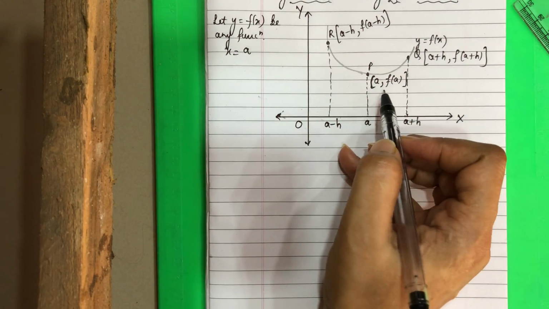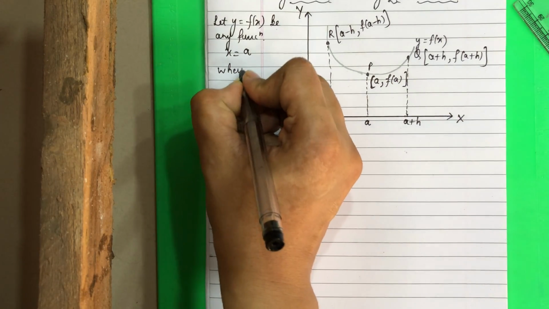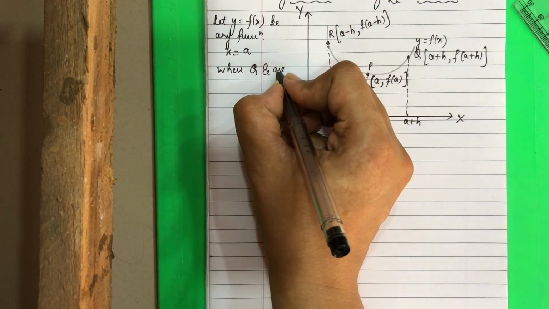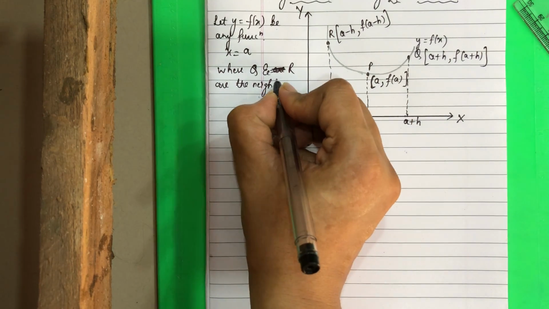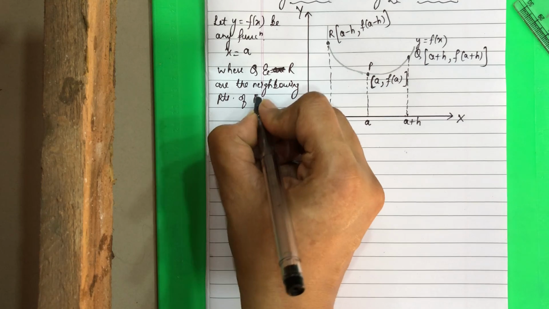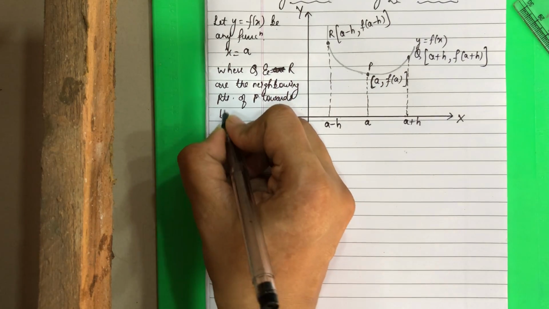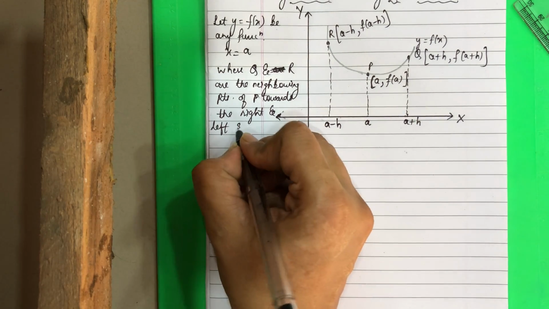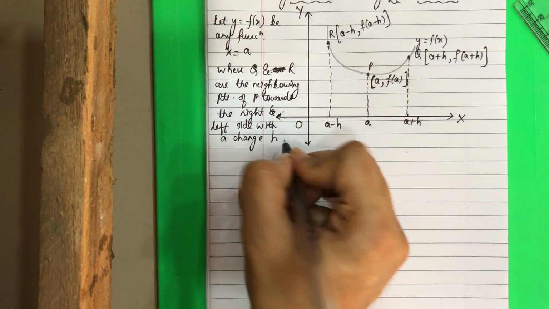So we got the coordinates of P, Q and R, where Q and R are the neighboring points of P towards the right and left side with a change h.